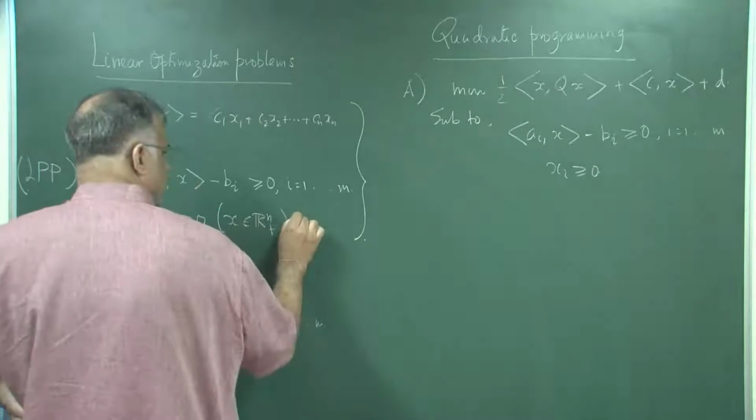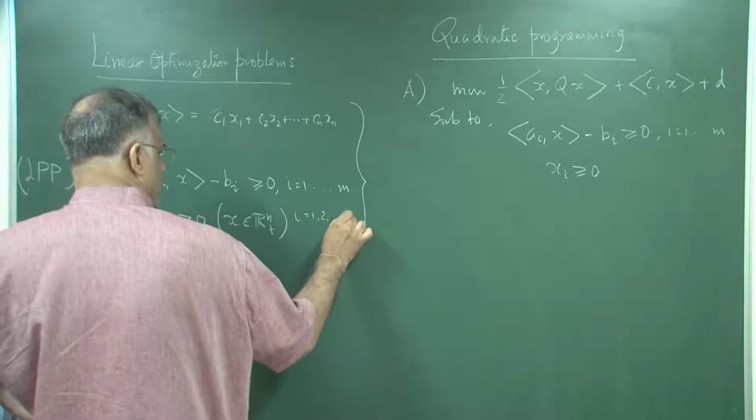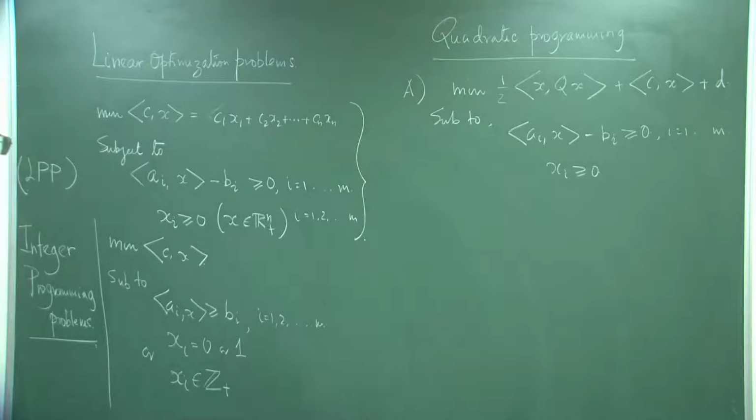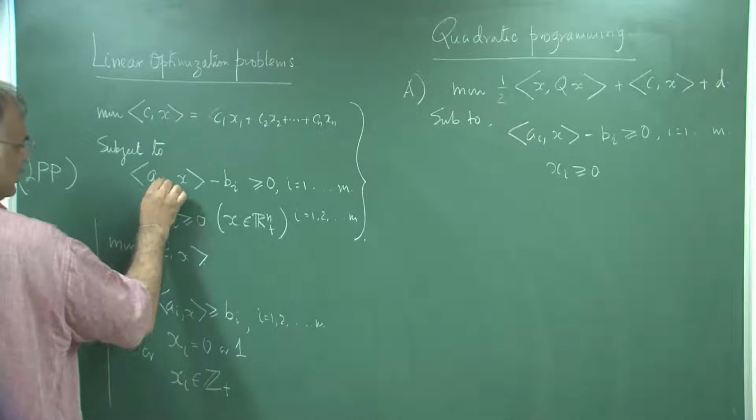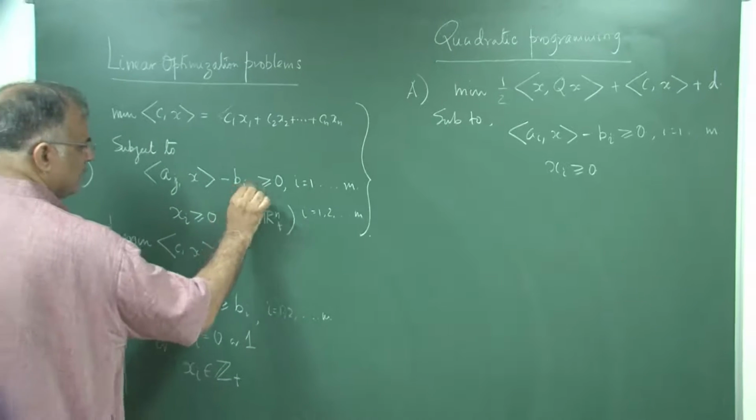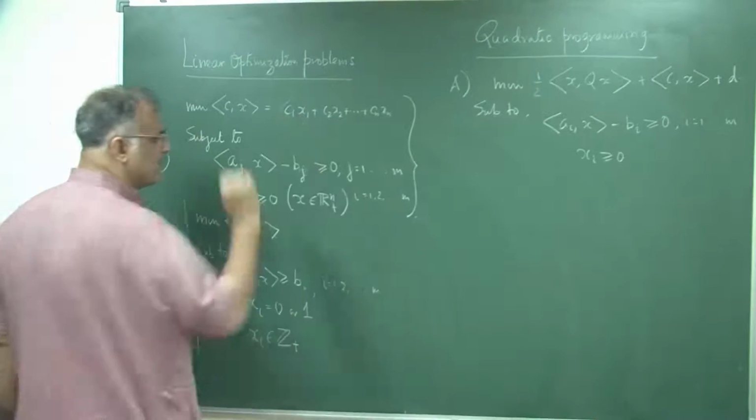Here xi greater than 0, i would of course go from 1 to m, or rather I should write this as aj x, maybe that is better, so that you don't confuse among the indices.